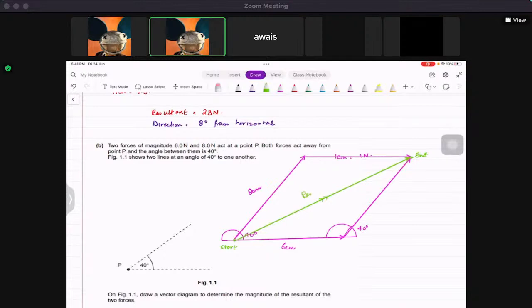Now when you measure it using your ruler, you should get almost 12 centimeters here, which means because you took 1 newton equals 1 centimeter, 12 centimeter would be equivalent to 12 newtons, hence your answer should also be 12 newtons actually.